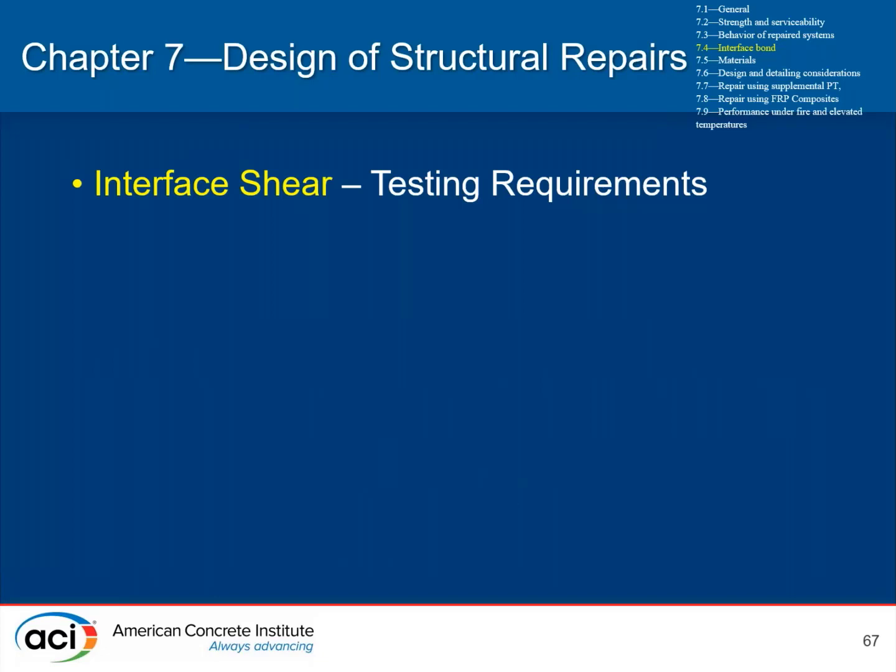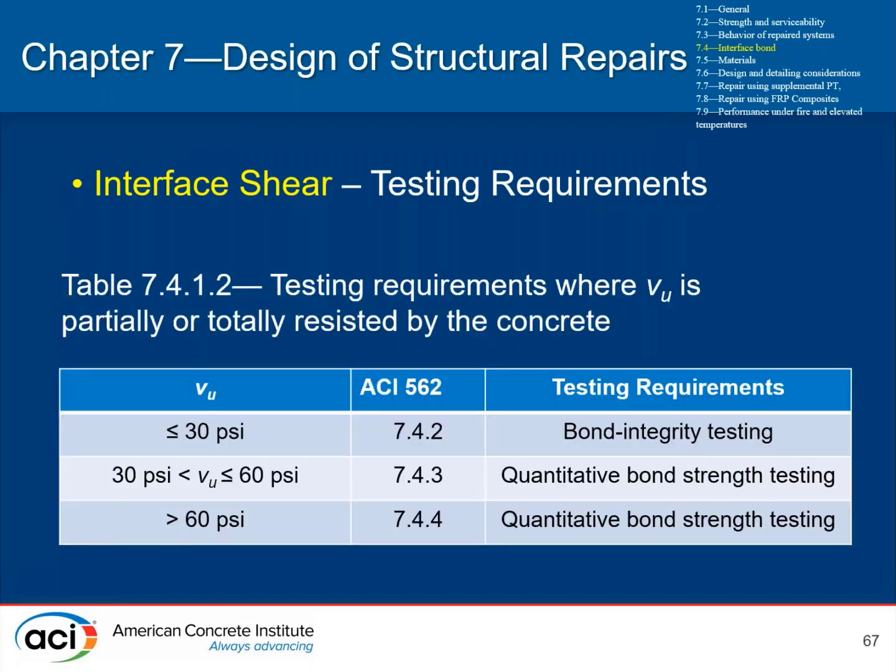And so ACI 562 has some analogous features and essentially refers to ACI 318 in this respect, and provides testing requirements where the shear stress is partially or totally resisted by the concrete. So in conditions where the shear stress is less than 30 psi, section 7.4.2 requires bond integrity testing, and we'll show you what that means in a minute.